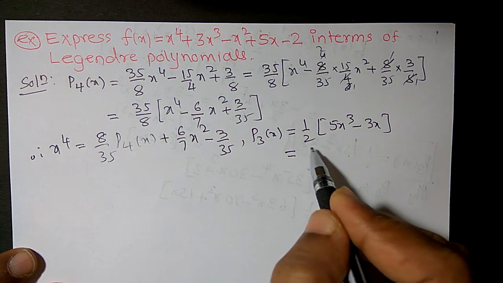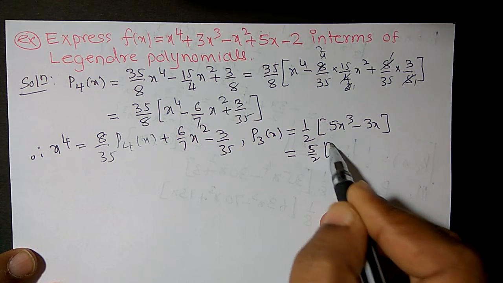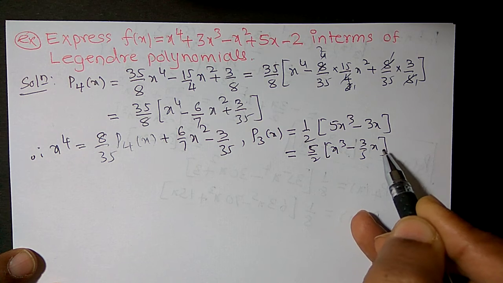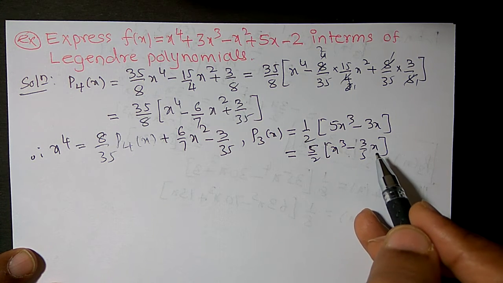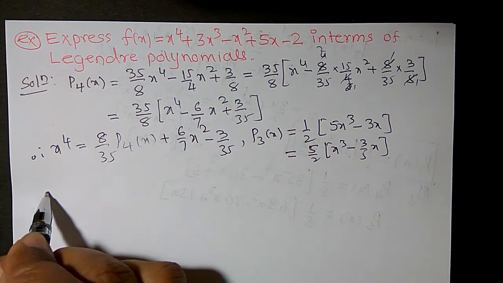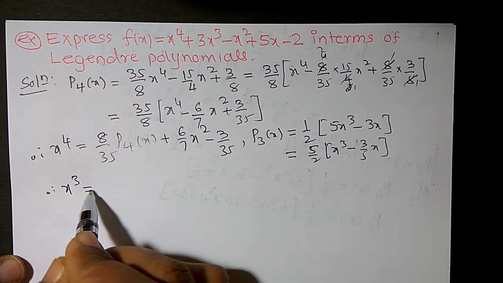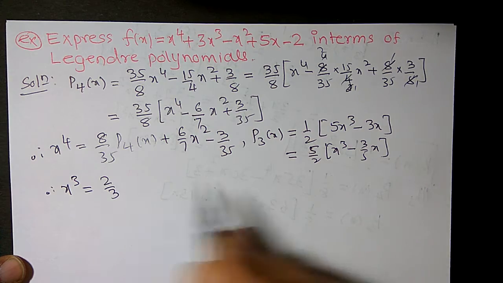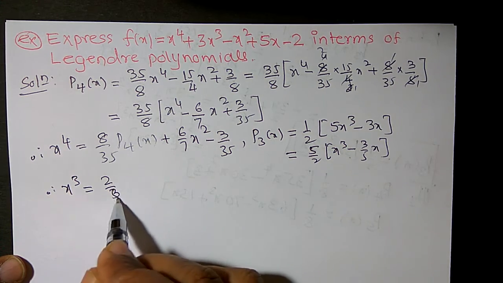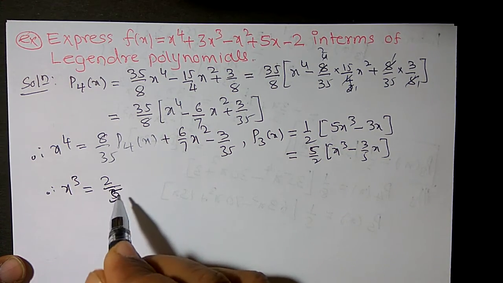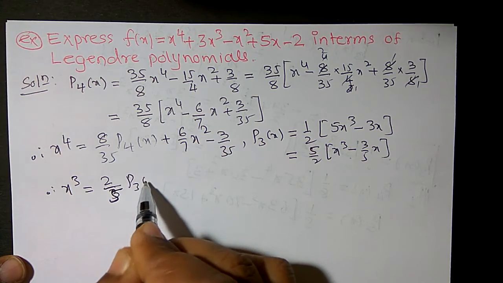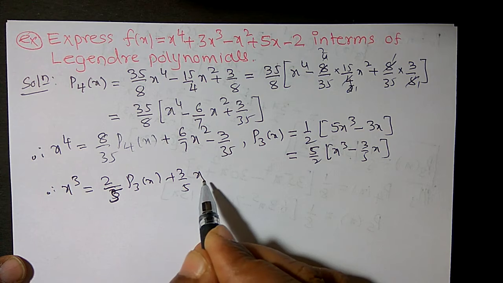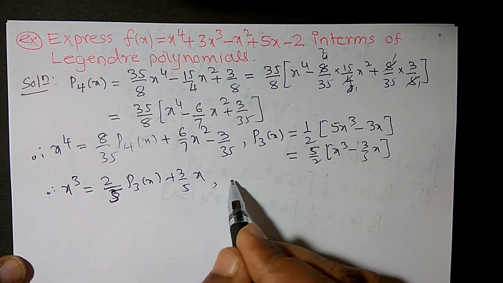So this can be written as 5/2 (x^3 - 3/5 x), right? Or therefore x^3 = 2/5 P3(x) + 3/5 x.